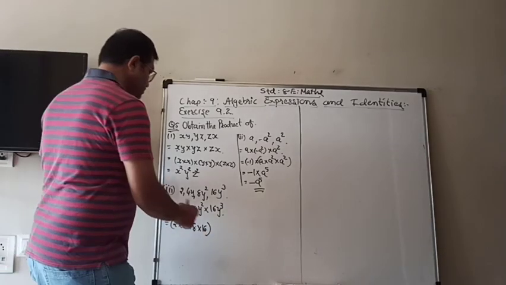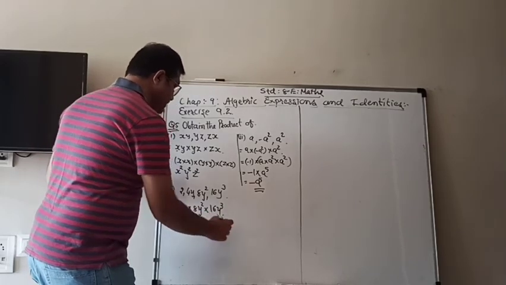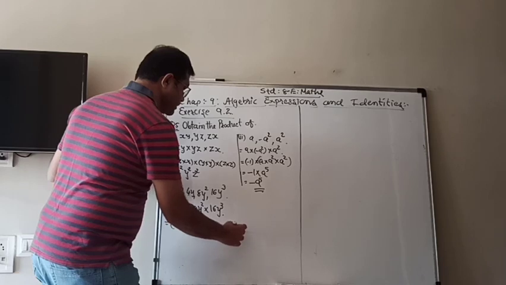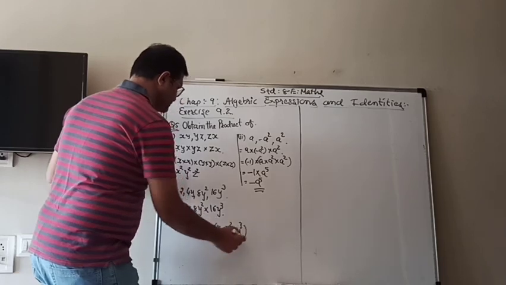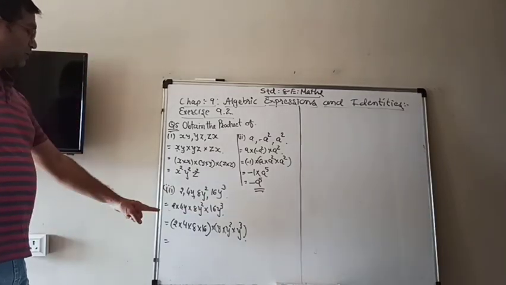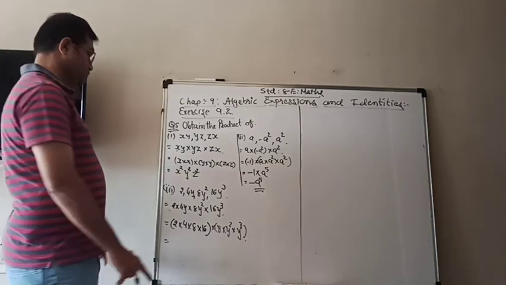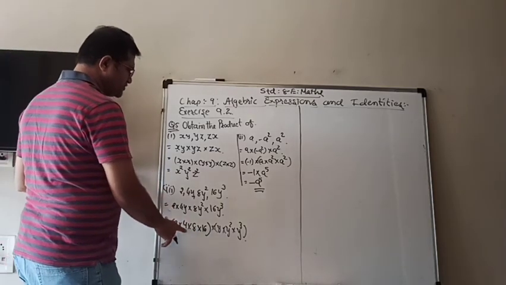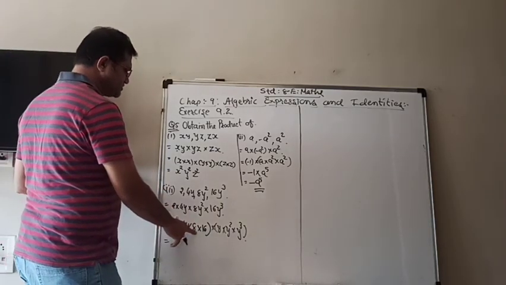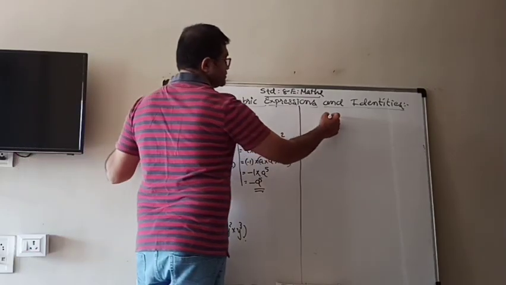And then the variables are y, y square and y cube. Now we have to multiply them. 2 4s are 8, 8 8s are 64 multiplied by 16.